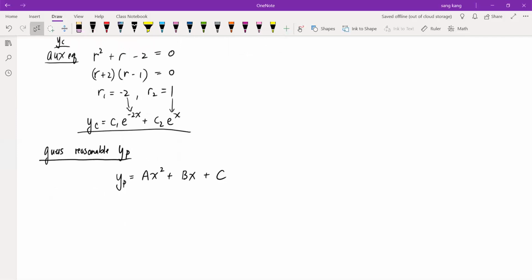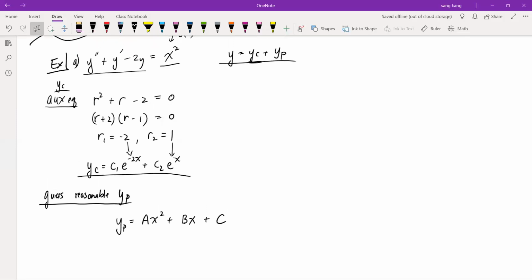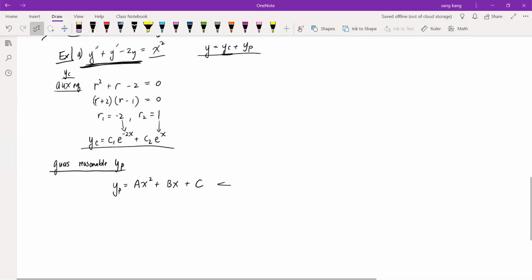Now, in order to solve for these coefficients, we're going to have to plug this guess and the derivatives into our differential equation up here. So that means we need to find the derivatives of these. y prime would be 2ax plus b. y double prime is going to be 2a.